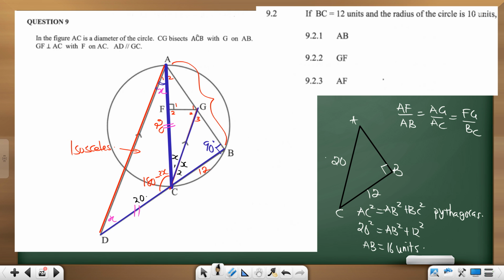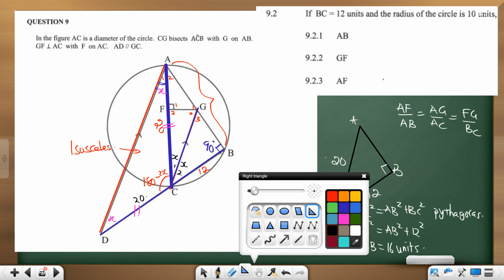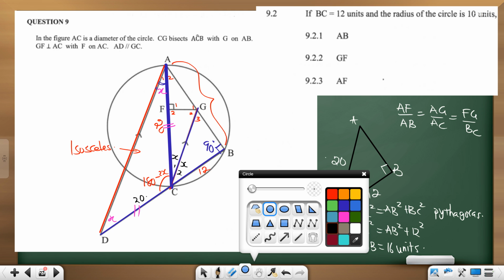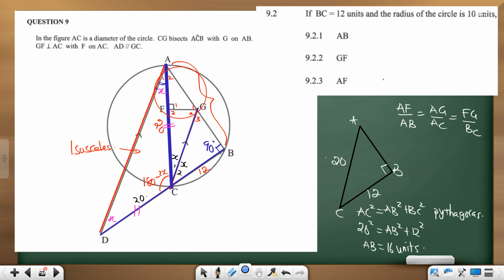Okay. What I can say, wait, I'm seeing something. I don't know. Okay, let me think through first. I saw something. That there is a circle there. Let me see if it's going to work.